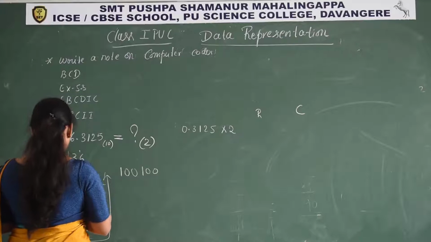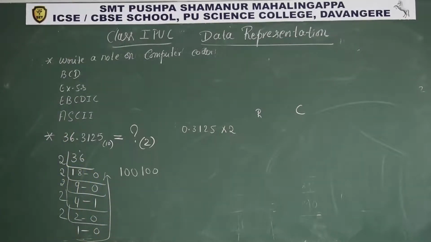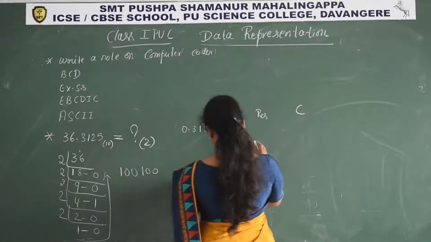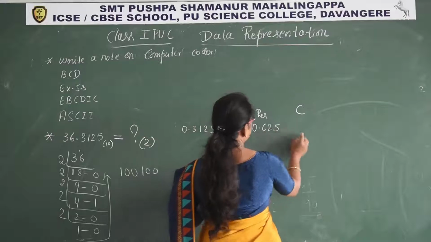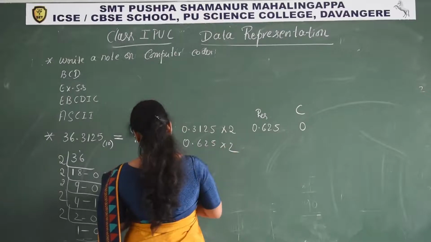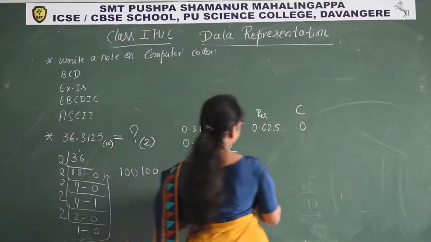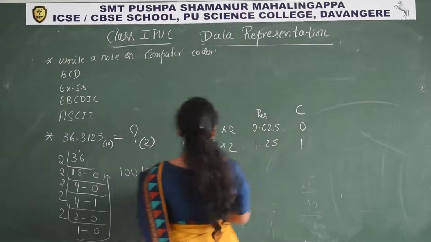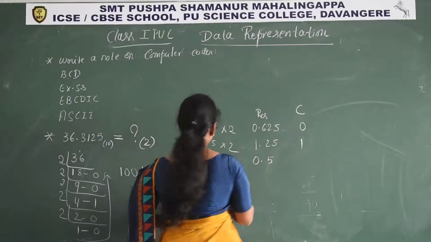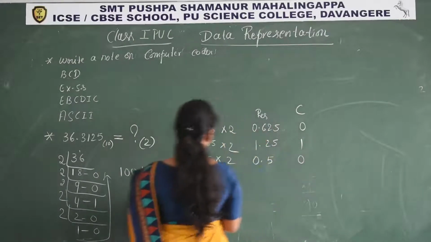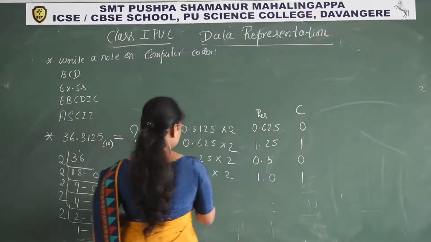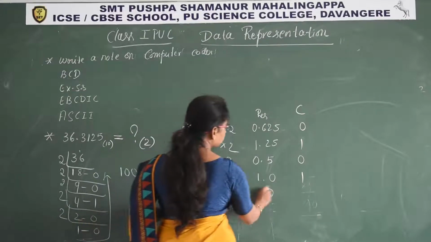0.3125 into 2, result 0.625, carry 0. 0.625 into 2 is 1.25, 1 is the carry. 0.25 into 2 is 0.5, 0 is the carry. 0.5 into 2 is 1.0, 1 is the carry. 0.0 into 2, you get a result 0.